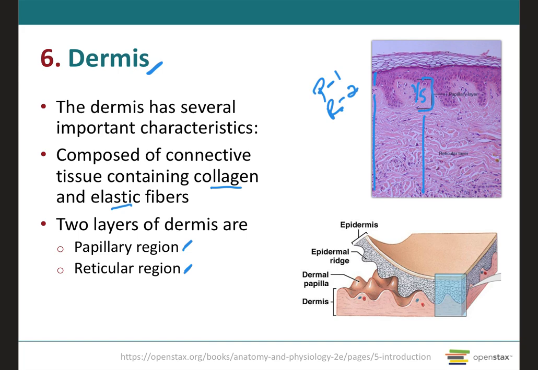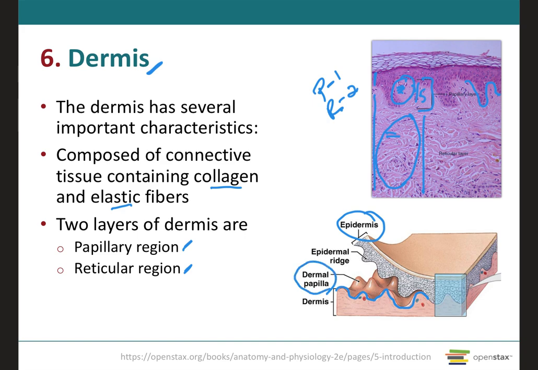As you can see on this image, when you compare the papillary layer and the reticular layer, you can notice how the fibers here in the papillary layer do appear thinner than in the reticular layer. In addition, its surface area is going to be greatly increased by these small finger-like structures, as you can see over here, that are going to be projected into the bottom surface of the epidermis, and these projections are called dermal papilla.